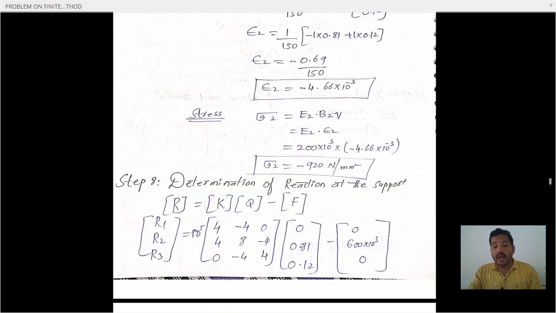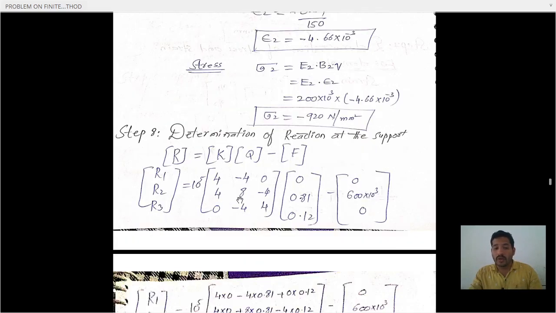We know the formula: R equals KQ minus F. R is the normal reaction acting at point 1, represented by R1; at point 2, R2; and at point 3, R3. This equals K, the global stiffness matrix, 10 power 5 times [4 minus 4 0; minus 4 8 minus 4; 0 minus 4 4], multiplied by the nodal displacements Q1, Q2, Q3.